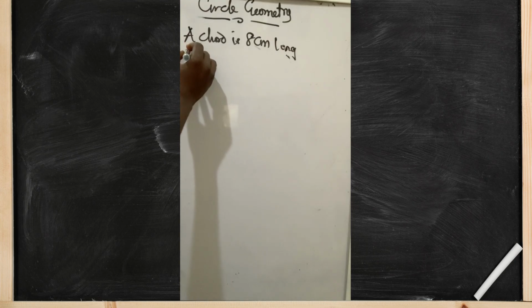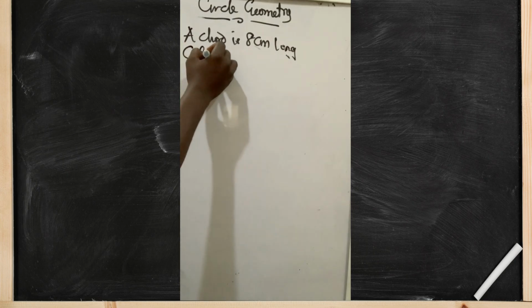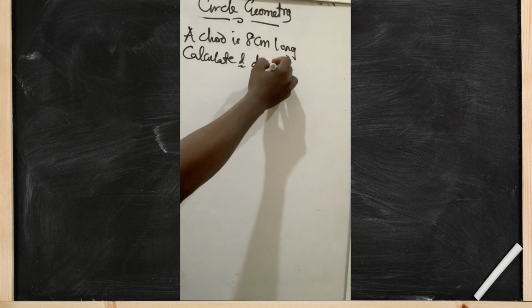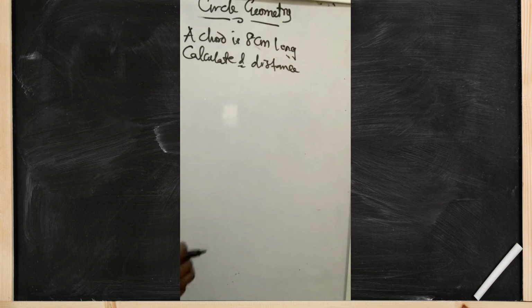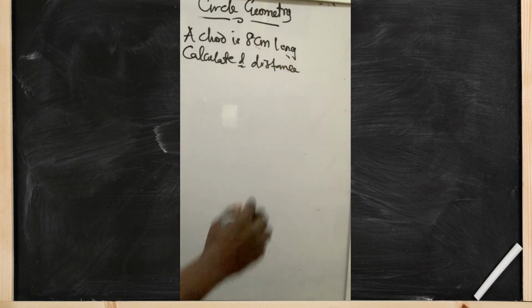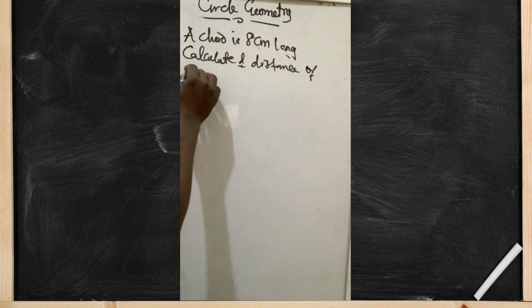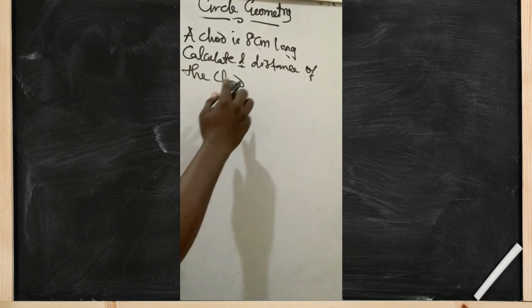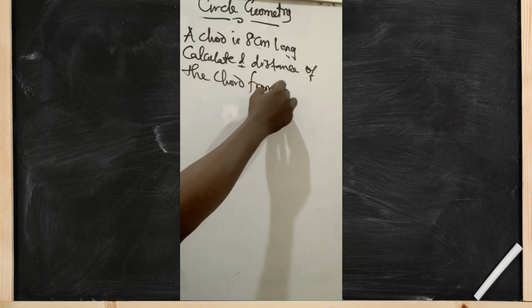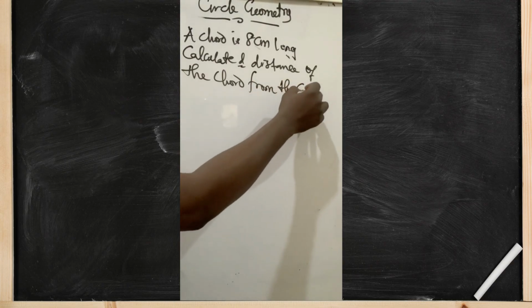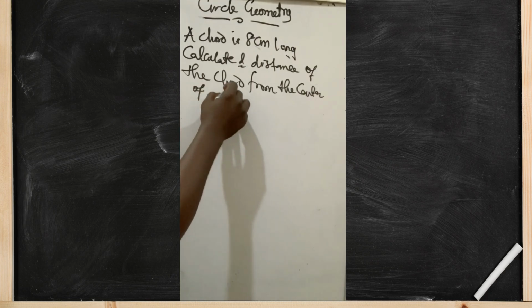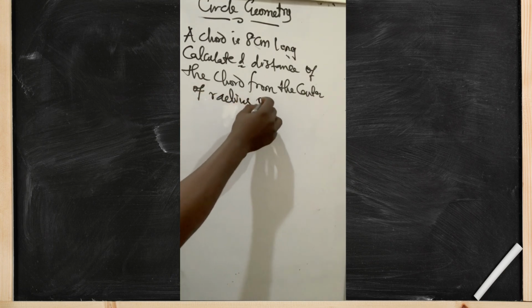Now, they said we should calculate the distance of the chord from the center of radius 5 centimeter.